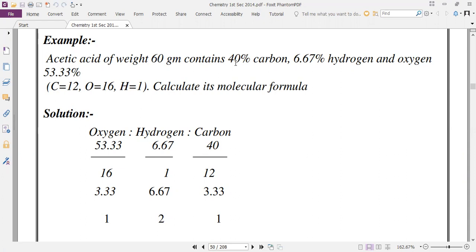We said before that 40% means that it's a mass of carbon, 6.67 mass of hydrogen, 53.33 mass of oxygen, right? Right. Okay. So after that, calculate its molecular formula.